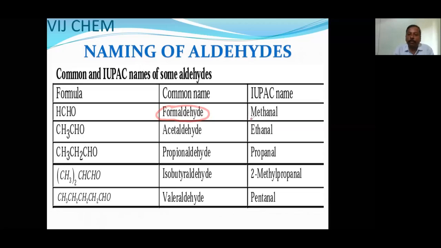But in the IUPAC name, meth means one carbon, AN means single bond, AL means aldehyde. So there is a logic. One carbon is there, therefore meth, single bond is there, AN, and aldehyde is there, L. So methanal. What is the answer? Methanal.